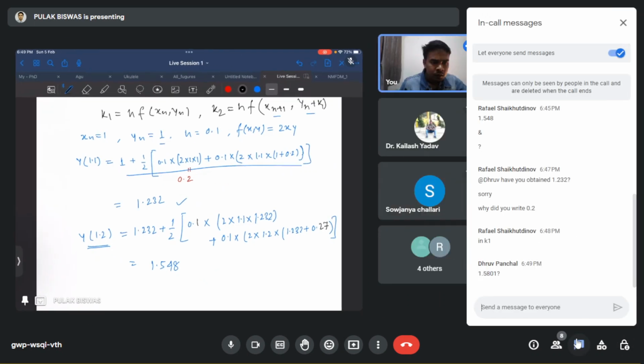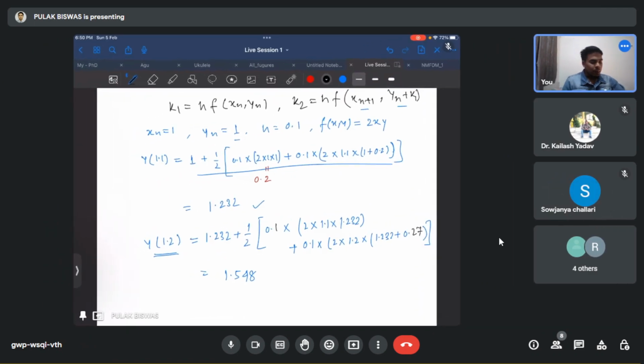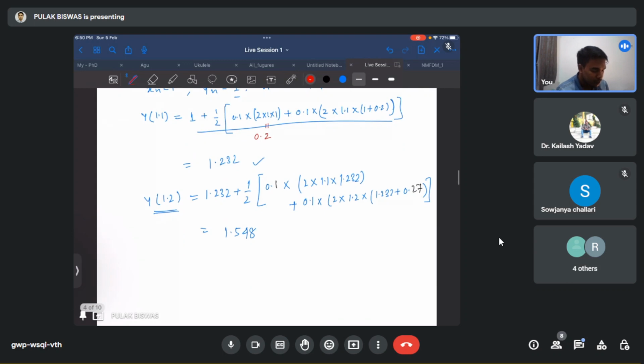Thank you, Dhruv and this Raphael, I guess. Similarly, you can compute for other values like y of 1.3, y of 1.4, and y of 1.5.